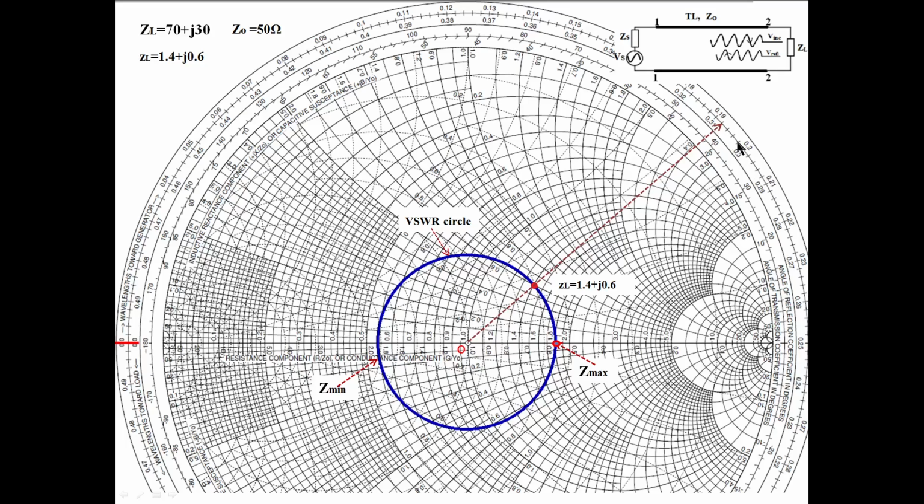But a small division movement, from here to here, is 0.002 lambda.